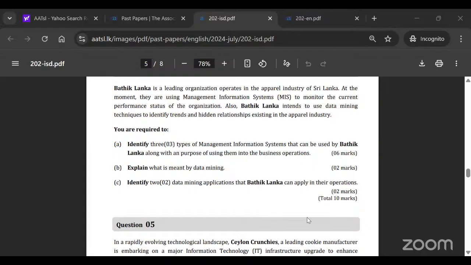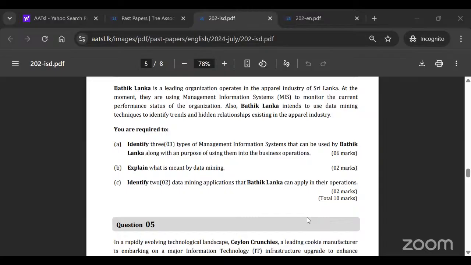Batik Lanka can apply market basket analysis to understand customer purchasing behaviors by analyzing transactions and combinations of products purchased together. Same thing done by Walmart, right? The company can identify patterns in customer preferences. This can help optimize product placement, promotions, and inventory management.